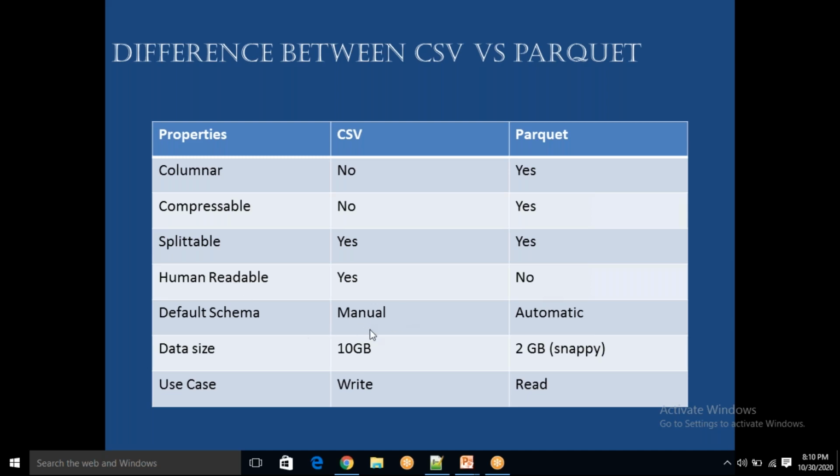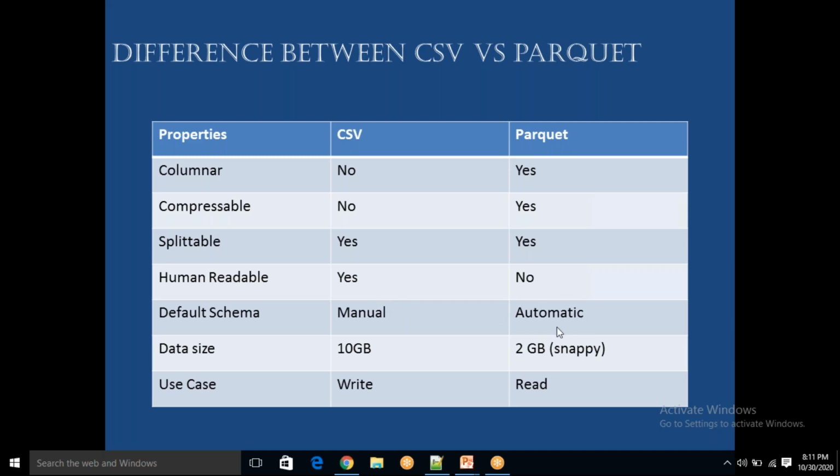Next, default schema. It's manual for CSV. If you remember, whenever we read a CSV file, we used to say inferSchema equal to true, or we used to provide a custom, user-defined schema. So everything is manual; we need to tell it whether to infer the schema or whether you want to provide your own schema. These are all manual, because by default CSV will not be able to identify the schema.